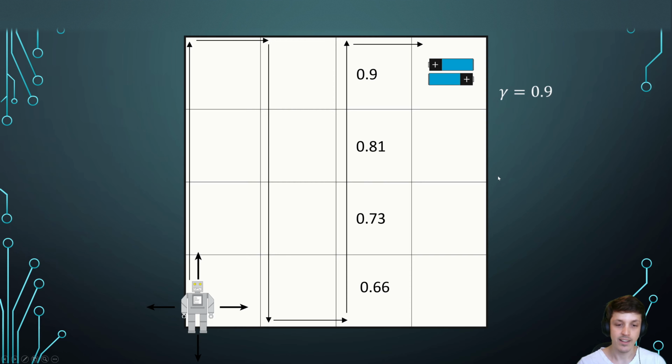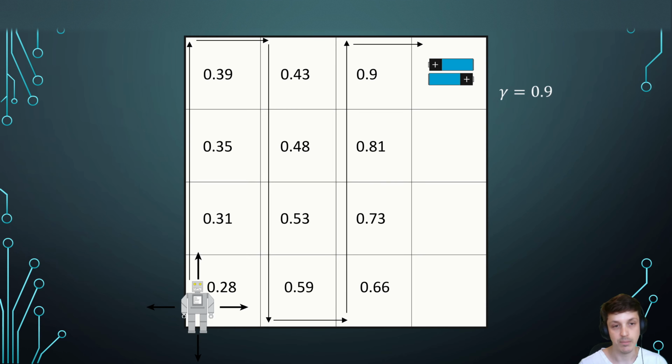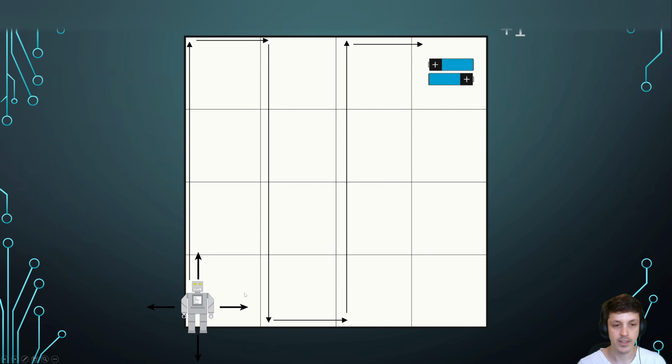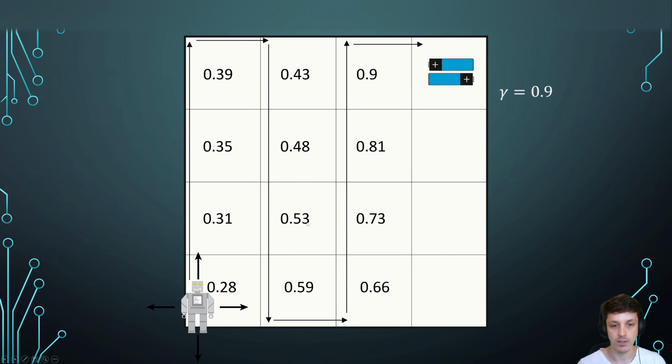An important thing to note is that the particular return we calculate for a given state is dependent on the trajectory. In this example, we have quite a short trajectory, and so the return we get for the initial state is quite high, 0.53. But in this example, we took a much longer trajectory. We might be taking random actions, and you can see the return we get for the starting state is quite a lot lower, about half. So the return we get is dependent on the trajectory we take.